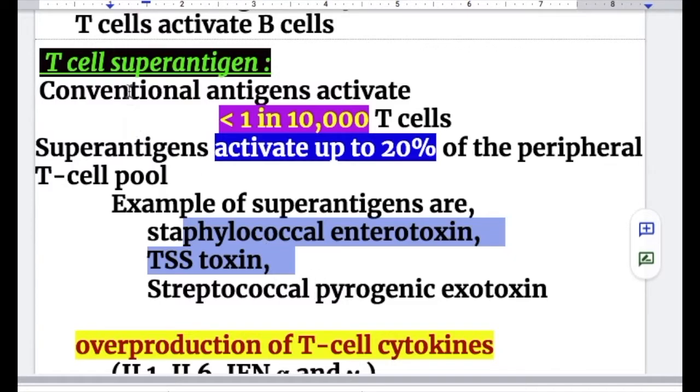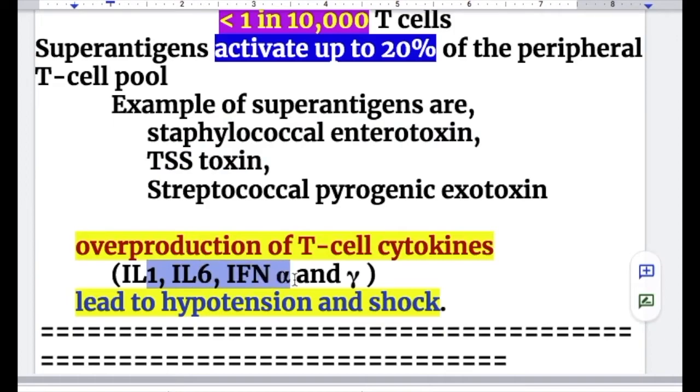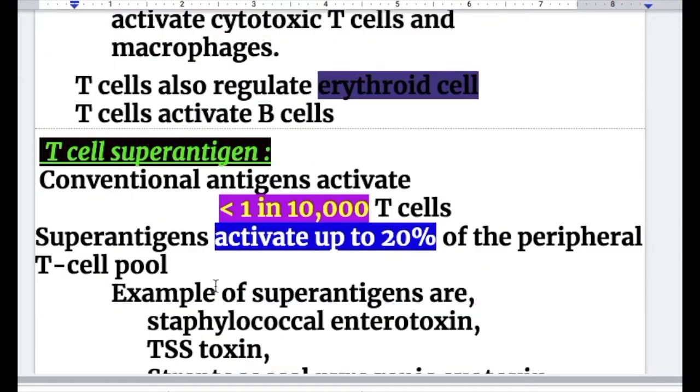When they are activated, they produce more cytokines, more cytotoxicity. So there is overproduction of the T cell cytokines interleukin 1, interleukin 6, interferon gamma, and alpha. What do they cause? They cause hypotension and shock. This is what T cell superantigen is.